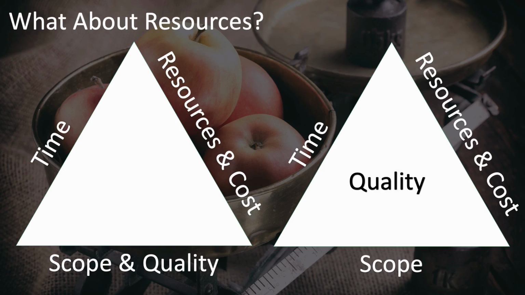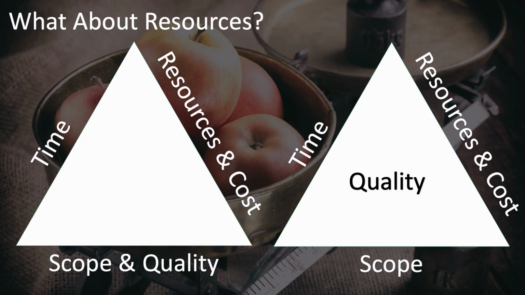Still, we also have the problem of scope and quality being combined in this triangle here on the left. Because they're combined, it doesn't actually represent properly reality in that greater scope usually means lower quality if nothing else has changed. So some people will put quality in the middle in order to separate it from scope.